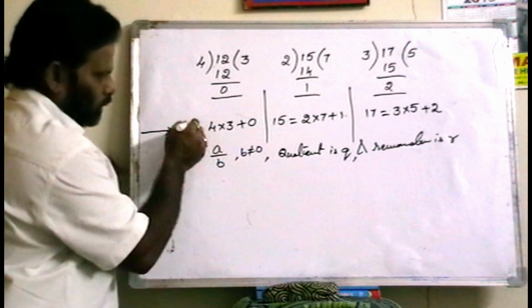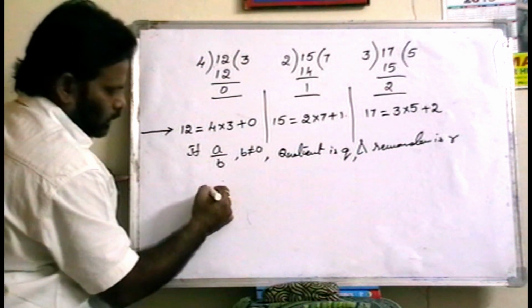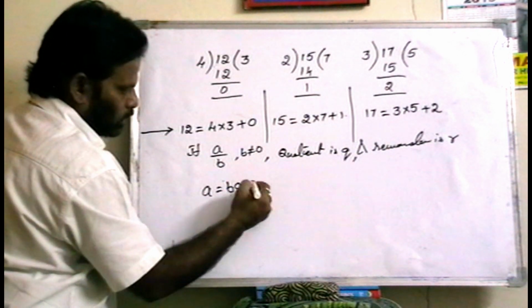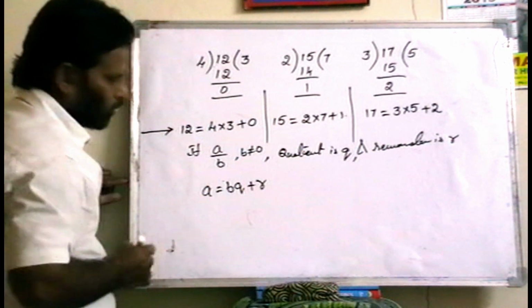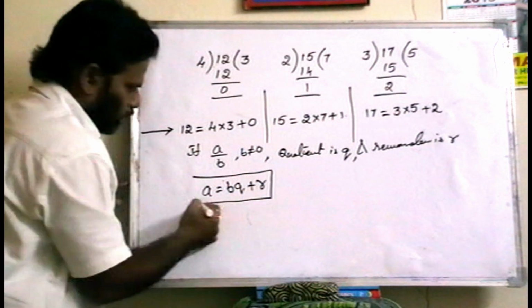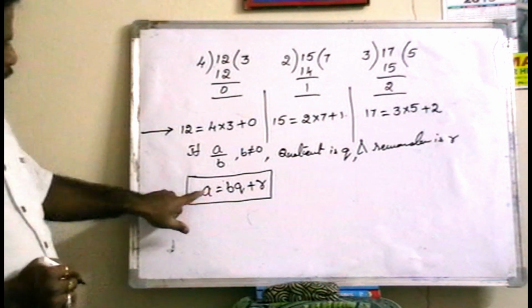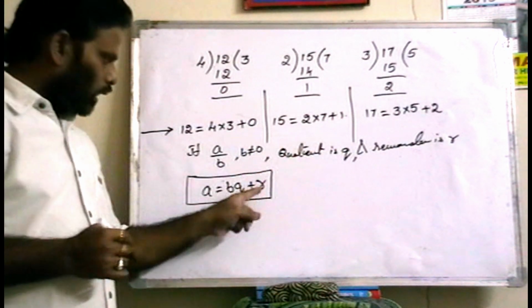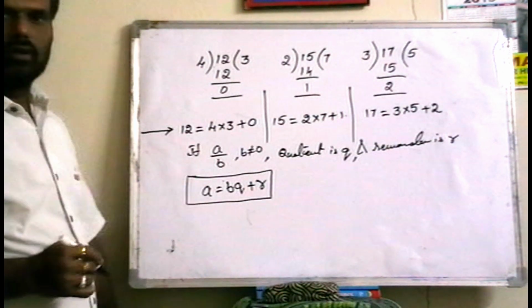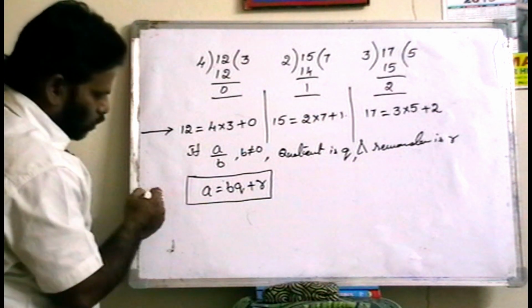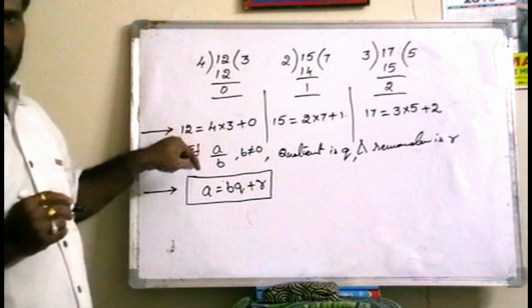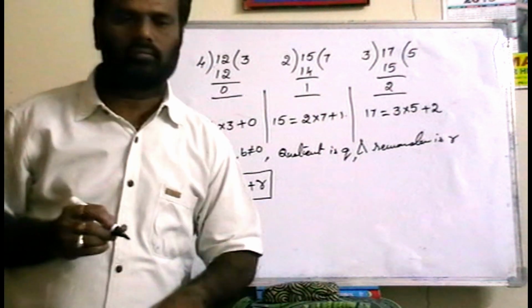Now by using this division rule, dividend is equal to divisor into quotient plus remainder, so A is equal to B Q plus R, where A is the dividend, B is the divisor, Q is the quotient and R is the remainder. This is called the division rule, and we can also call it Euclid's division algorithm.